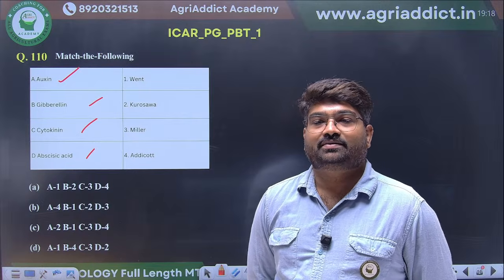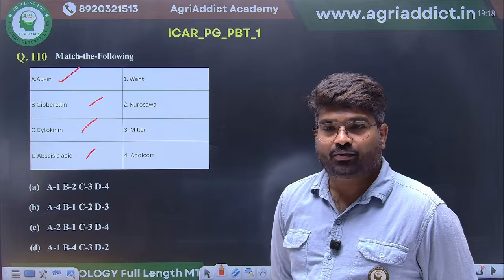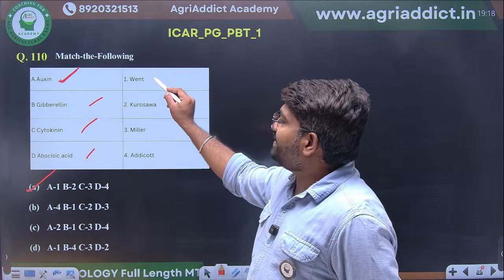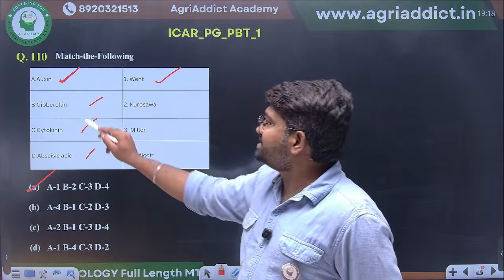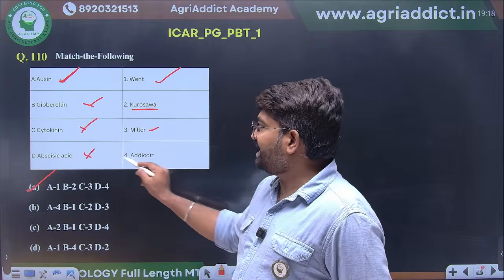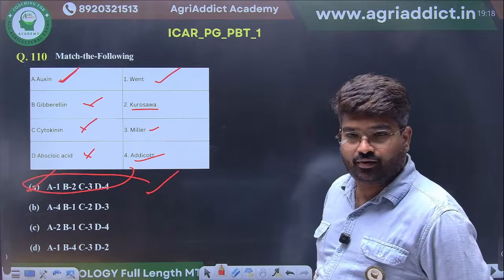Option C, 1, 2, 3, 4. Auxin was given by F.W. Went. Gibberellin, Kurosawa. Cytokinin, Miller. Abscisic acid, Addicott. This is the right option. Very good.